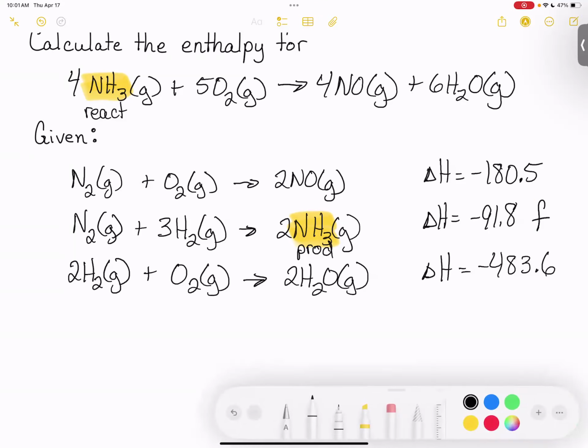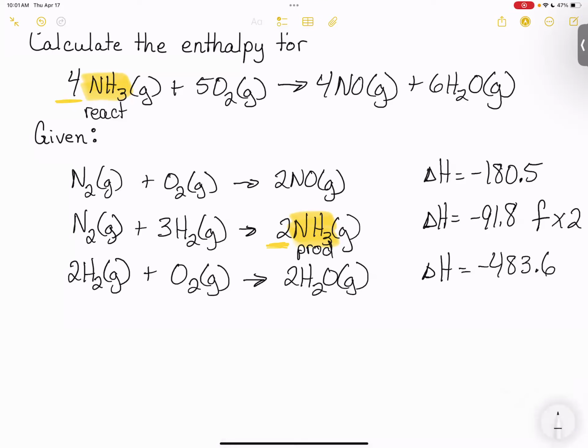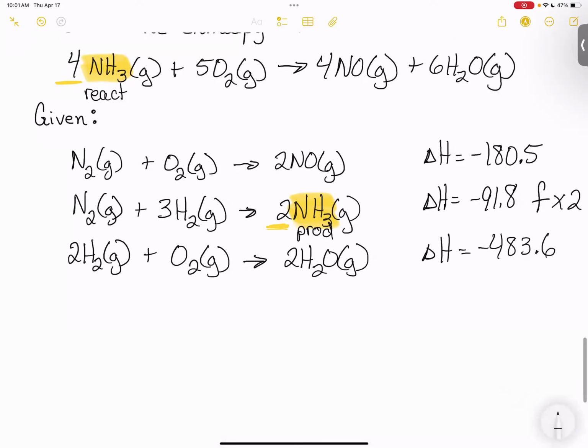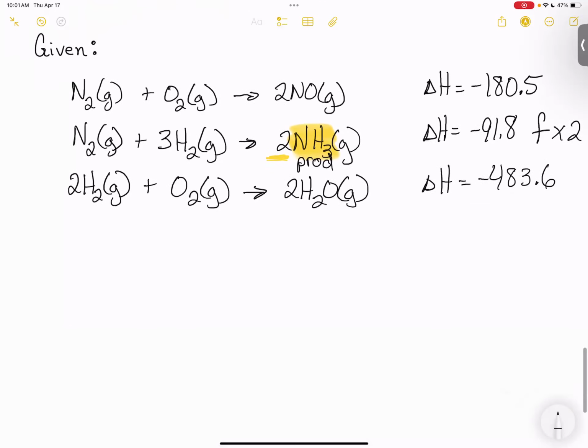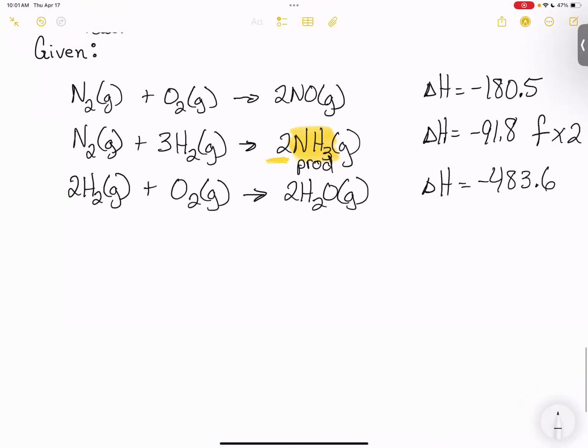The second thing I note is that I have 4 NH3s that I need, whereas this equation only has 2 NH3s. So I'm also going to have to multiply this by 2. So I'm flipping this equation and I'm multiplying by 2.